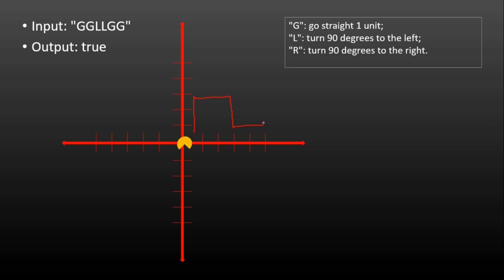So if the same condition is repeated multiple times, that is going straight, then I turn right, and then again I turn right, and then again one more right, and then I turn left. So again it will go like this, and at the end it will reach here at the center, right?